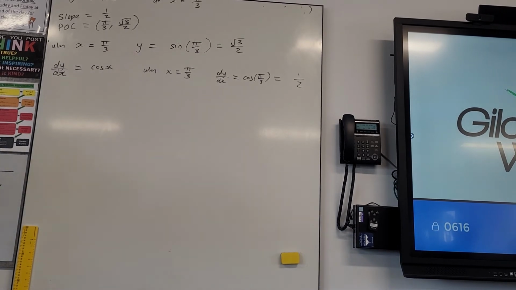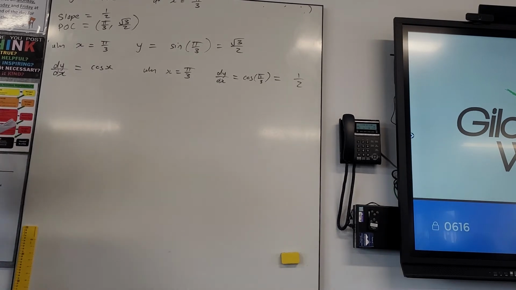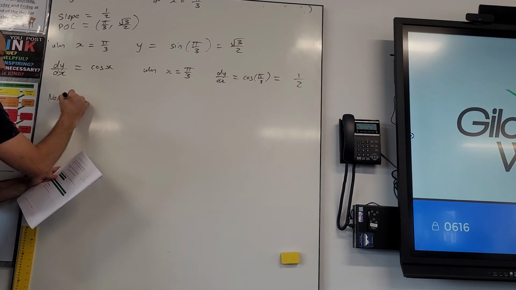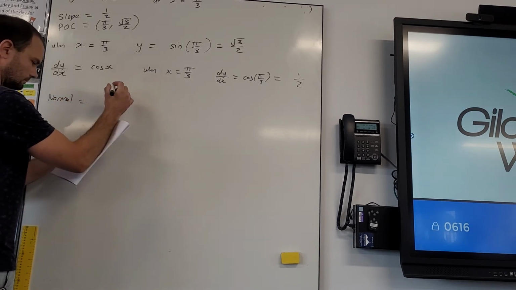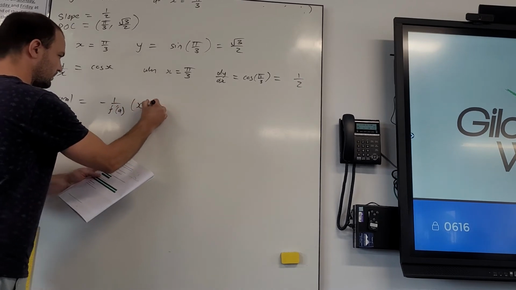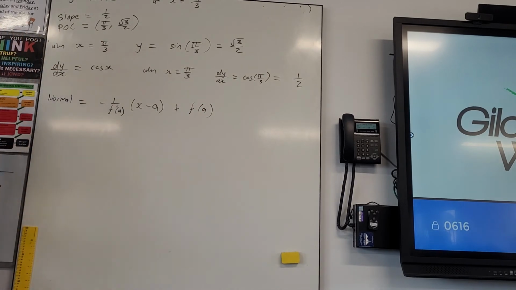Now we're asked to find the normal, aren't we? So it says find the equation of the normal. So let's look at the formula for the normal here. The normal has formula minus 1 on f dash of a times by x take a plus f of a. So let's explain what this means.